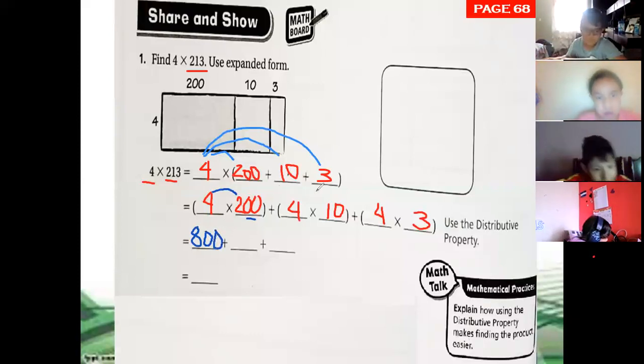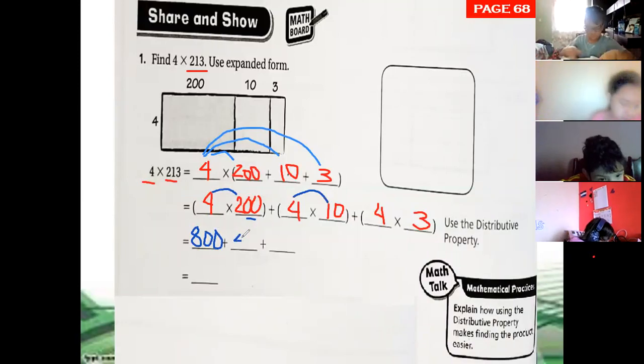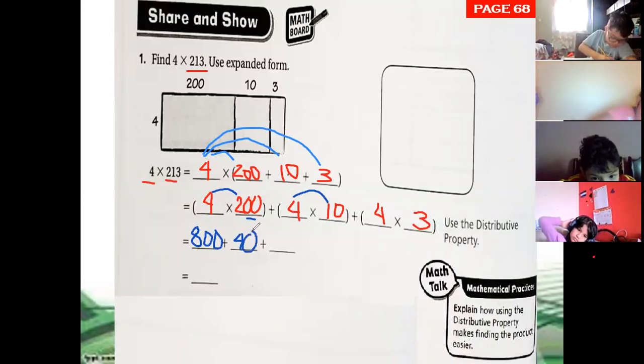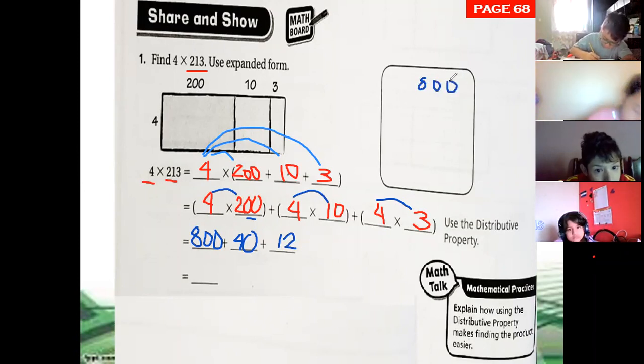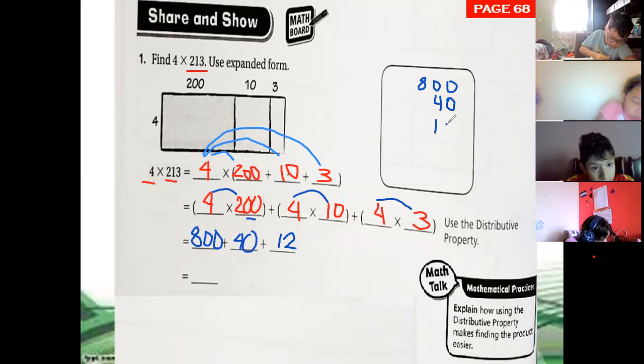Next one, 4 times 1, which is what Majo says, is 4 and a 0, 40. 4 times 3, 12. So we have to add this. We're going to write it here, 800. You're going to write it on the grid you have there. 40 and 12.